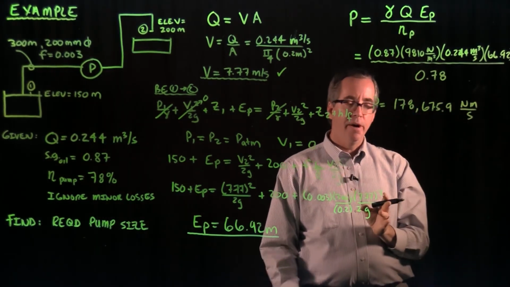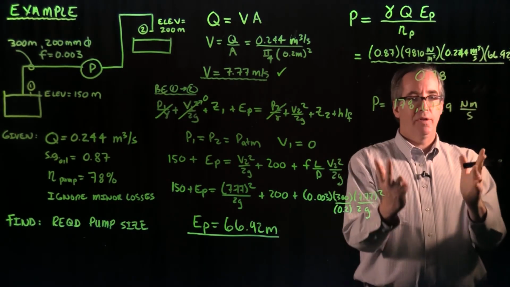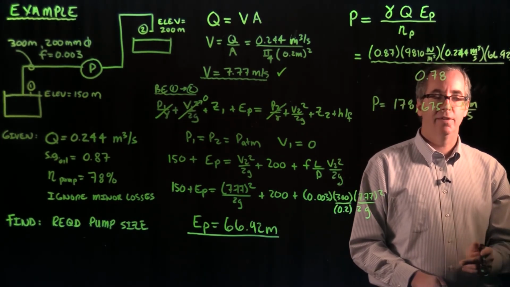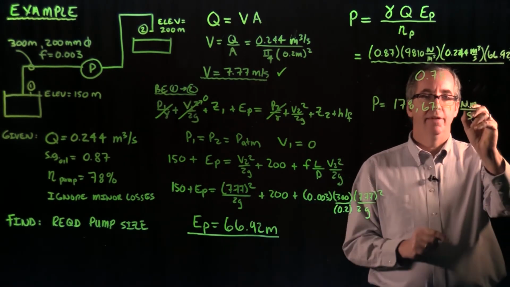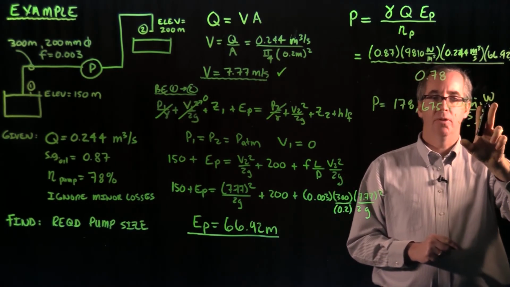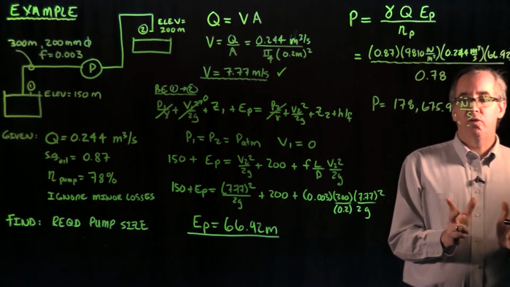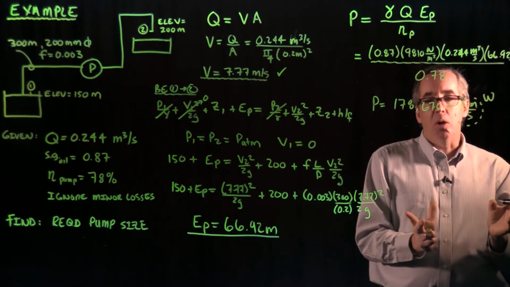You're probably thinking at this time, wow, that's a really large number. I've never heard of sizing a pump for roughly 178,676 newton meters per second. What we have to realize is this term right here is actually a watt, an energy term. Usually on the metric side, when we size pumps, we size them based on kilowatts.